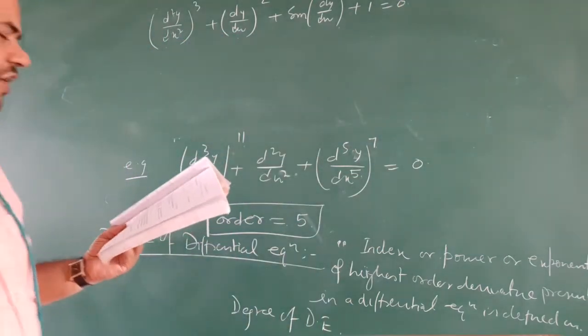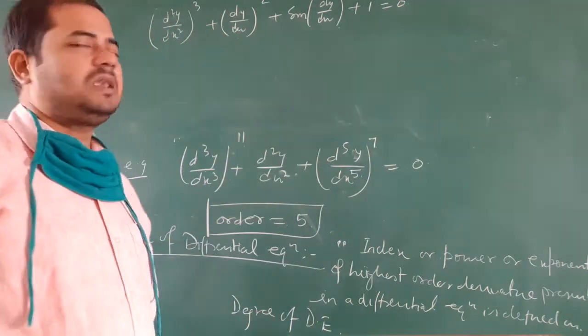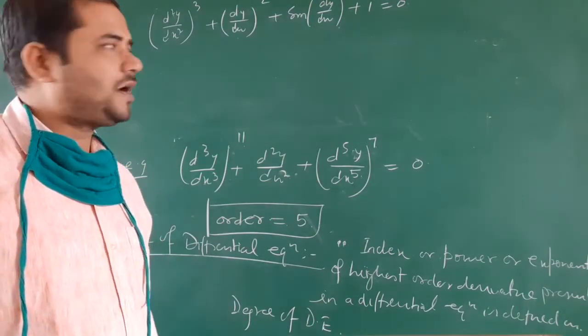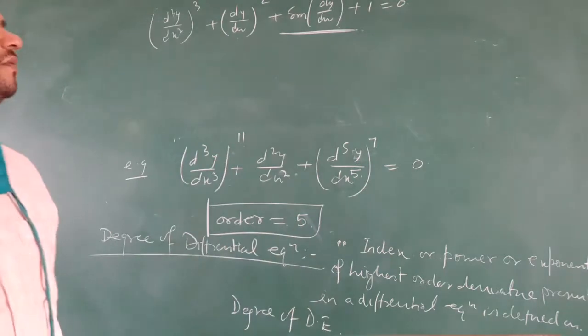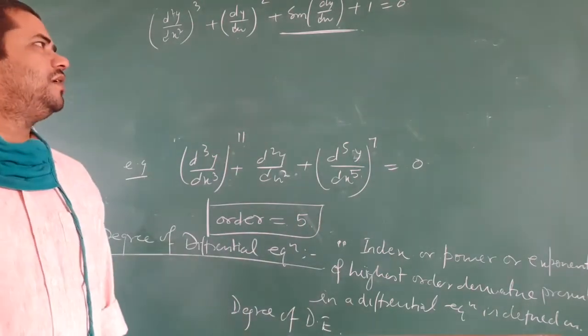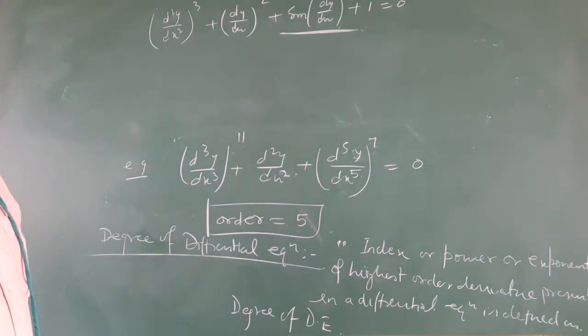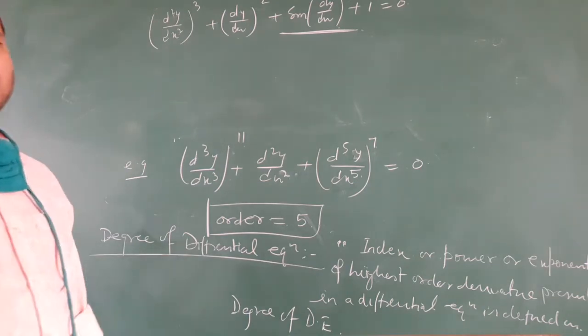So the degree of this particular differential equation cannot be defined. Okay, why? Because this is not a polynomial in derivative terms. So you can say the order is 2 but degree cannot be defined.